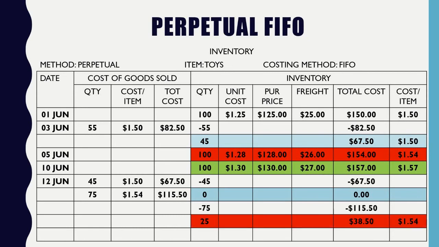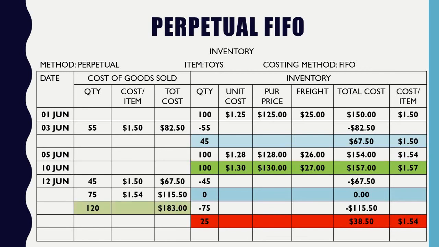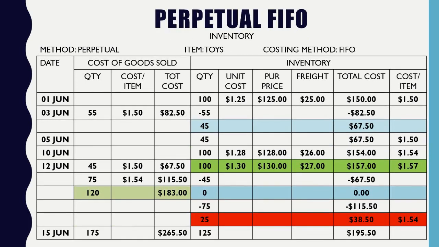I need to subtract that red batch out. Okay? And then, of course, I'm also given my total right here that for selling a total of 120 units, it's going to cost me in grand total $183 even.